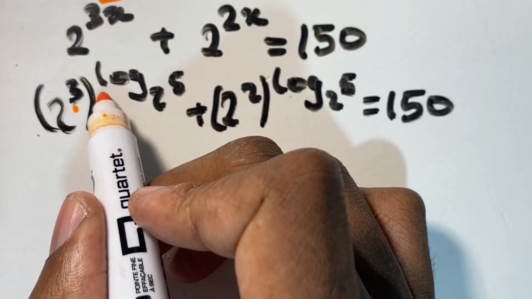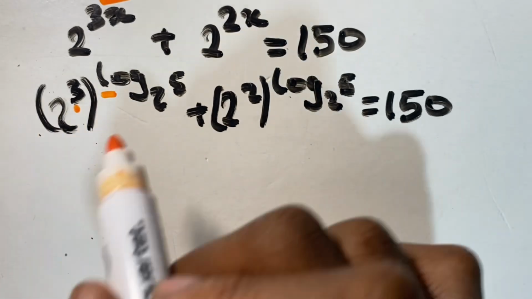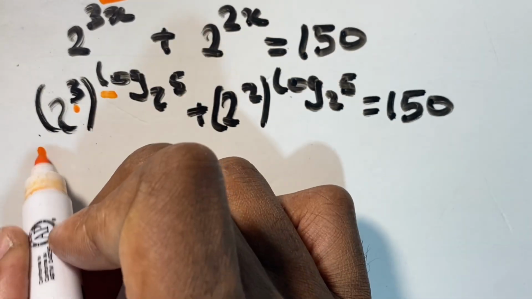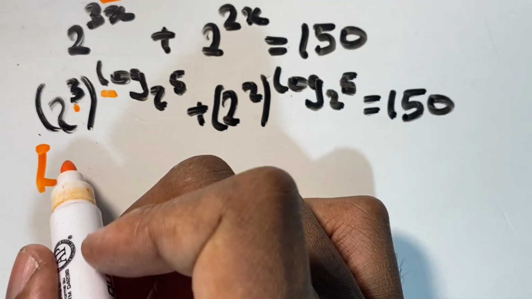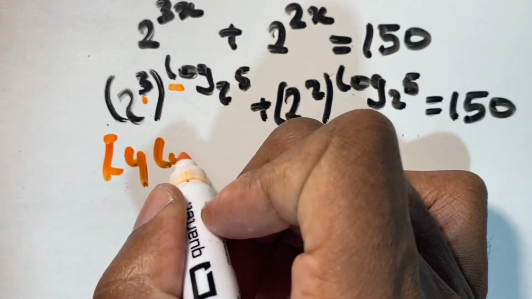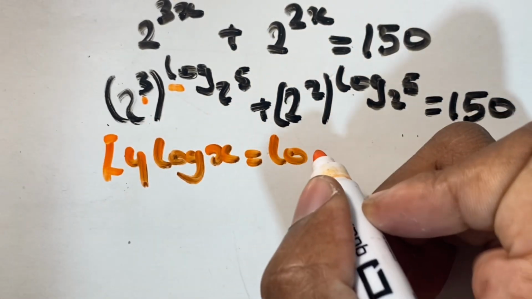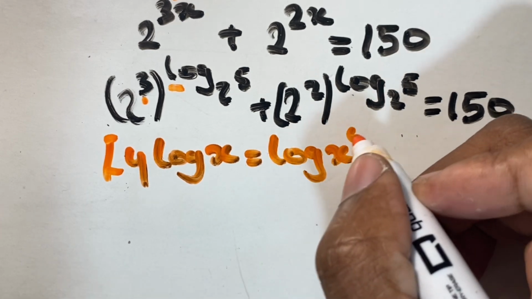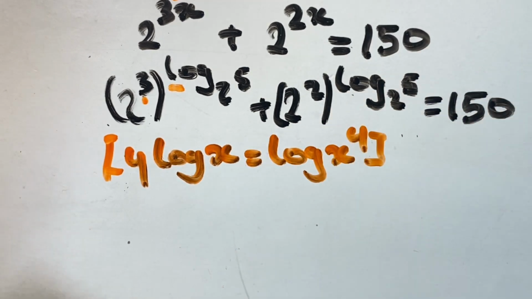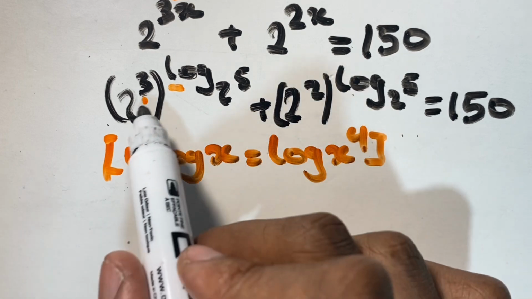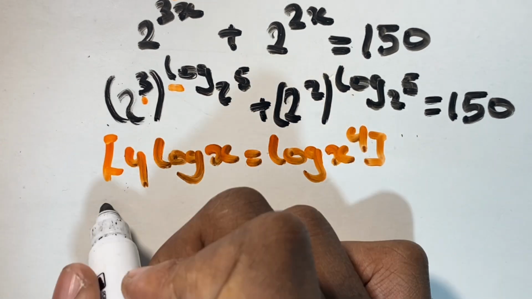Now looking at what we have here, we have 2 to the power of 3 in brackets powered by log base 2 of 5. We know that this is, as we said before, the same as 3 times log base 2 of 5. Now using this logarithm rule where we have y log x is equal to log x powered by y. So if the y is in front of the log, then it's actually saying x to the power of y.